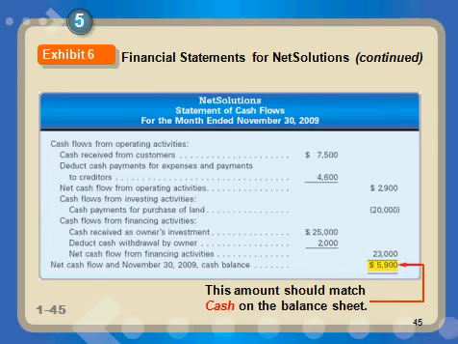In this case, Chris Clark, remember, he bought a piece of land. And then we have our financing activities, and the financing activities are the investments by the owners, borrowings by the company, and withdrawals by the owner.